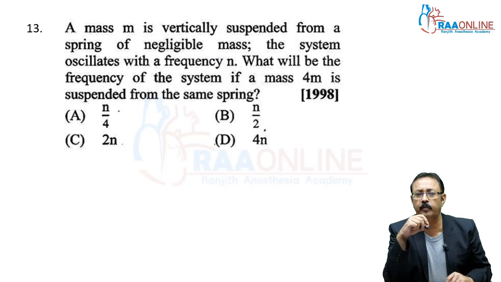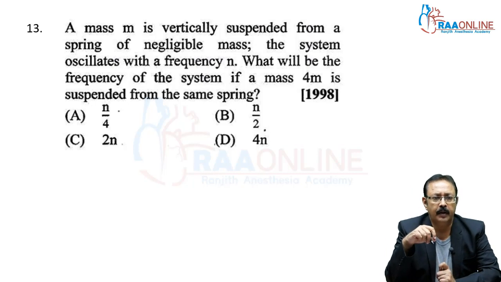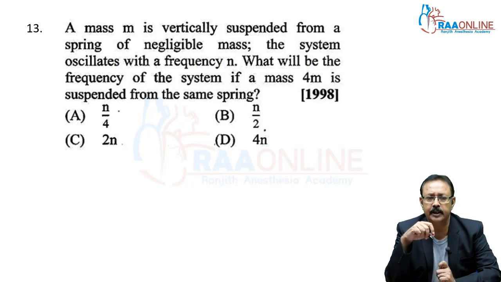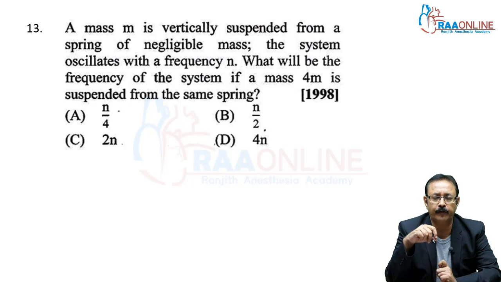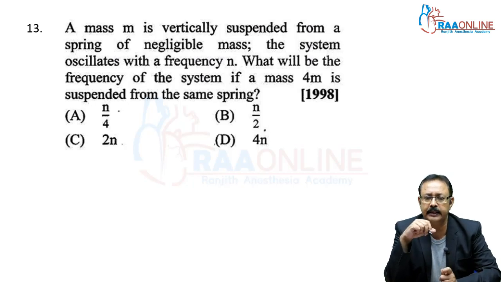Next problem is from 1998 AIPMT. A mass m is vertically suspended from a spring of negligible mass. The system oscillates with a frequency n. What will be the frequency of the system if a mass 4m is suspended from the same spring?